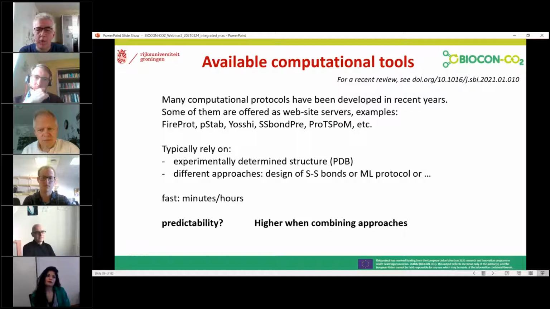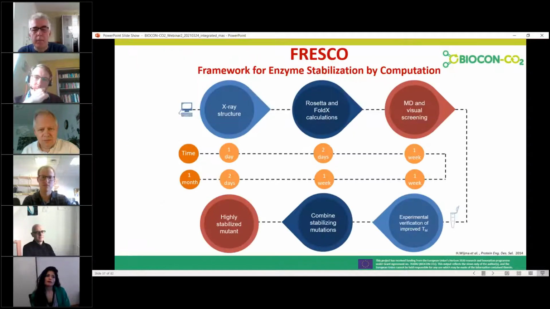So for that, I have a few slides more. So please, next one. The protocol that we developed is called Fresco, and I would like to go through this protocol step by step on this slide. As with the methods I mentioned before, in this protocol you need a structure to start with of your target enzyme.